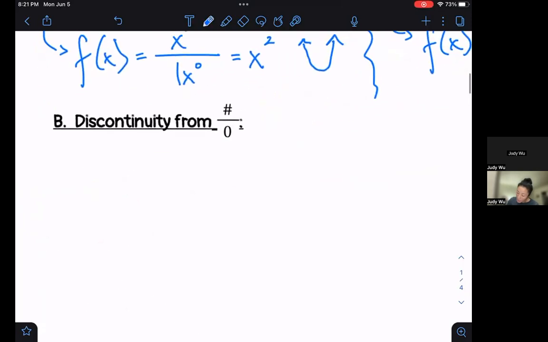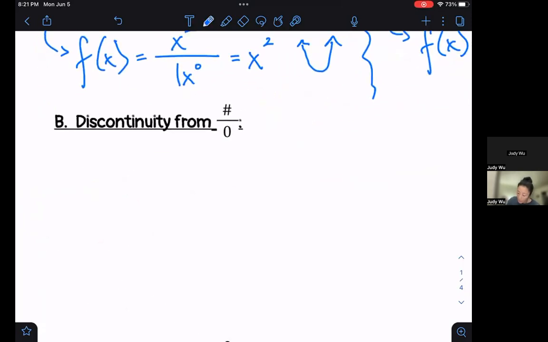So it turns out that when we have a number divided by 0, all right, we end up with something called a vertical asymptote on our graph. So if we see a number over 0, we end up with a vertical asymptote.